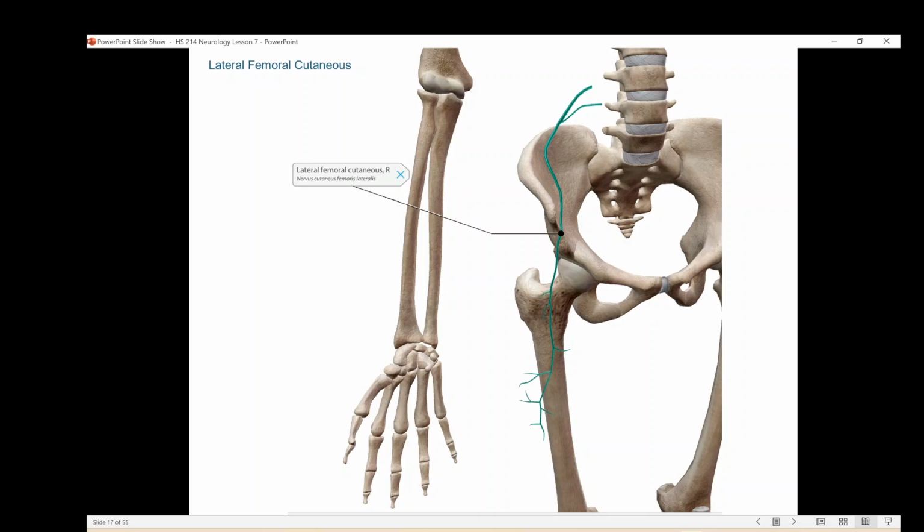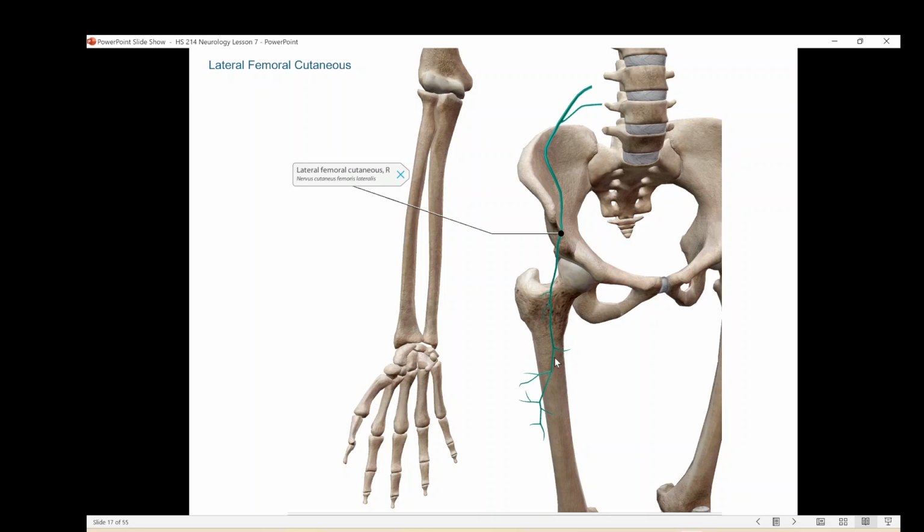The last nerve in this section is the lateral femoral cutaneous nerve. As I mentioned before, this is just a cutaneous nerve. It doesn't innervate any muscles whatsoever, and it's going to supply sensation over the lateral, anterior, and even the posterior aspects of the thigh. And this is the nerve that can become entrapped and cause neuralgia paresthetica.